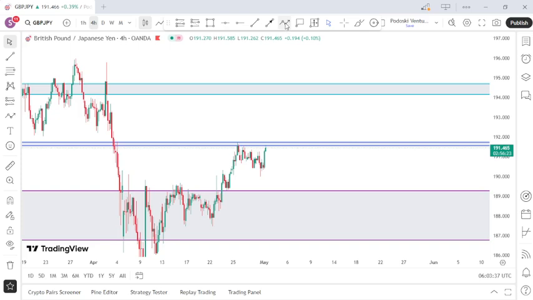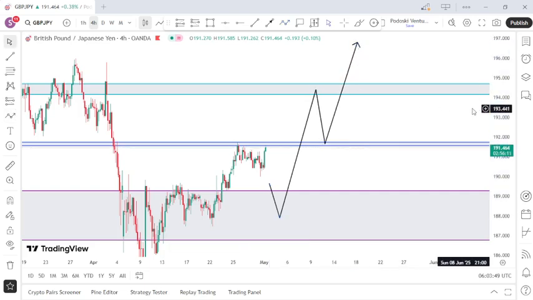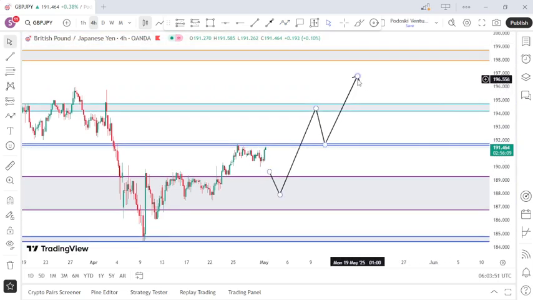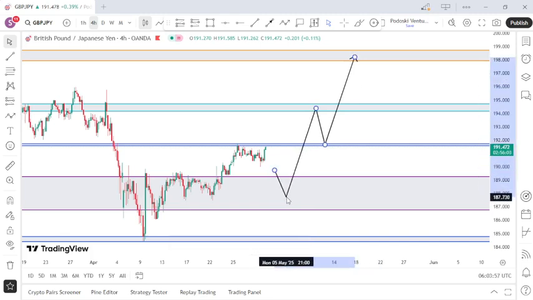You can still get an entry on GBPJPY. The first entry is going to come in if price is able to come down into this zone on GBPJPY, then we buy all the way to the upside. This is how you are going to pick the first entry on GBPJPY.